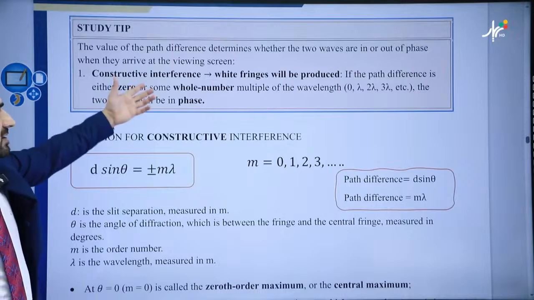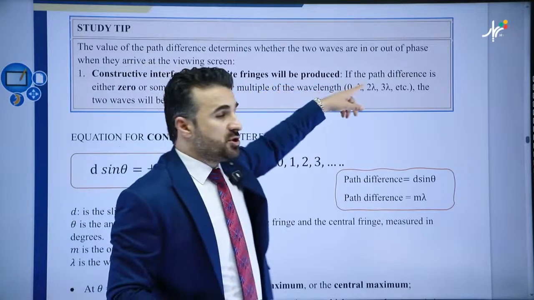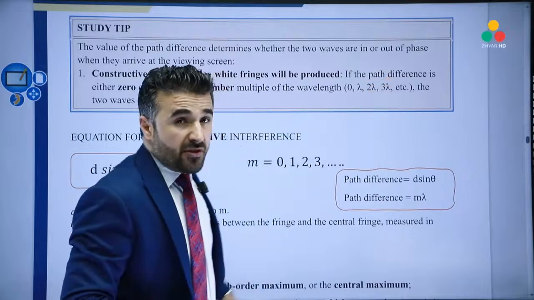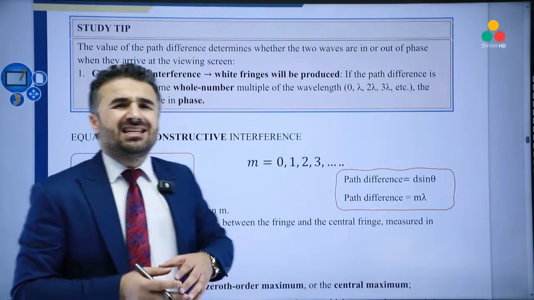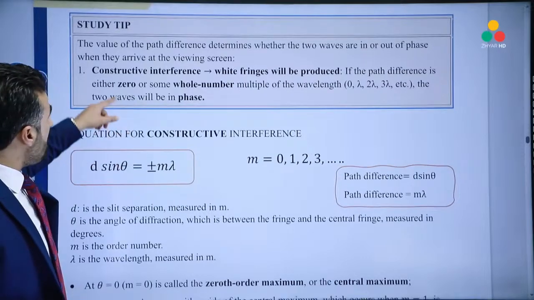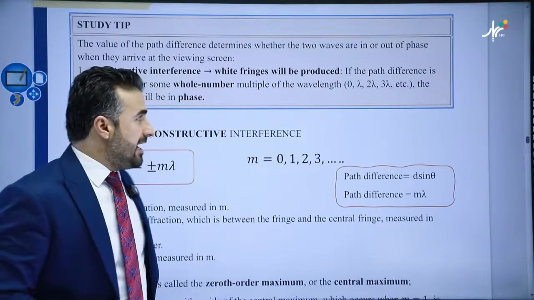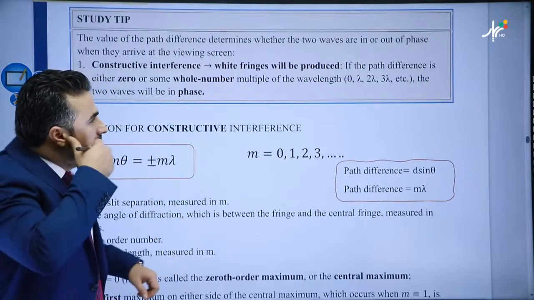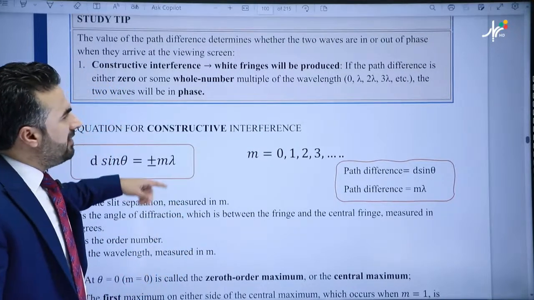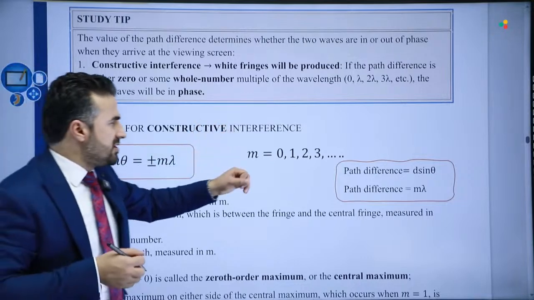So this is the condition for constructive interference. A white fringe will be produced, but when? If the path difference, which is d sine theta, is equal to 0 or some whole number multiple of the wavelength. I forgot to mention 0 earlier.